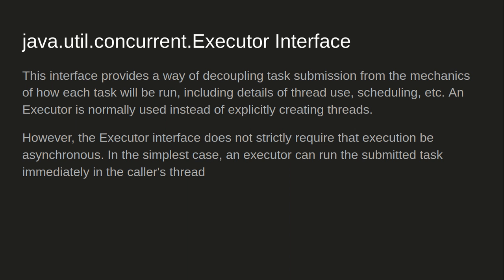The client code only needs to submit a task, and the executor interface provides that abstraction where the client doesn't need to know how that task will be executed. It simply submits the task to the executor, and the execution of the task is taken care of by the executor framework itself. So an executor is normally used instead of explicitly creating threads.